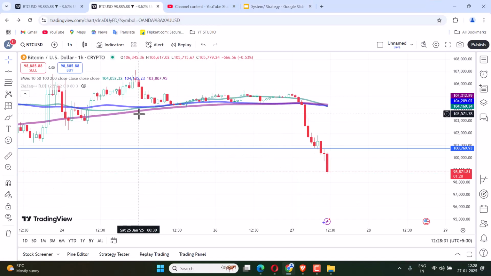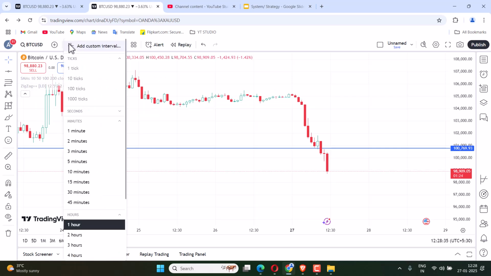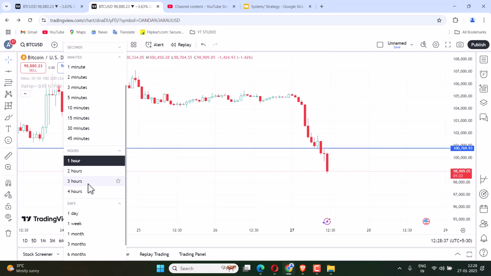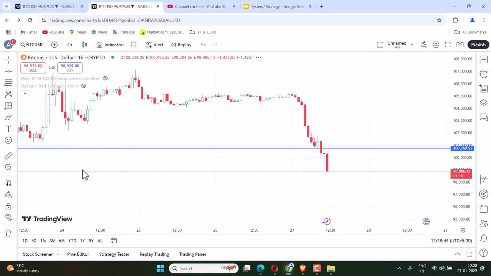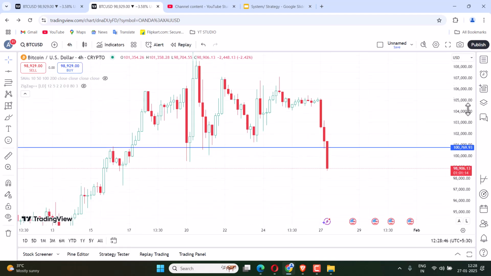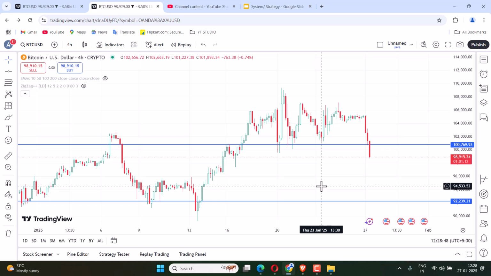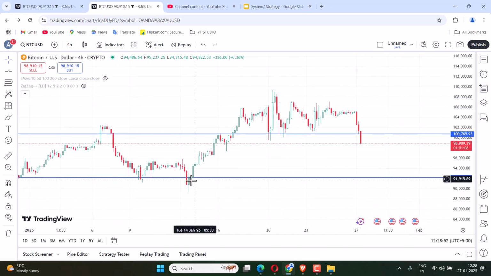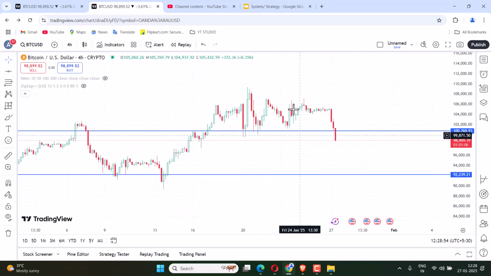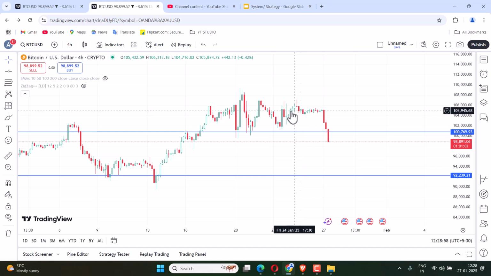Now if you can see this Bitcoin chart, today is Monday the 27th, 2025. If you go on to the higher time frame, let's say the middle one is the 4 hour. When you squeeze the chart, you can see an overall frame of where the price is trying to move, whether it's going up or down.